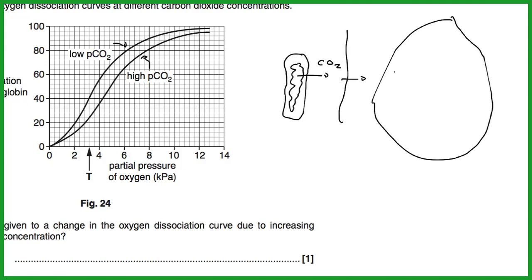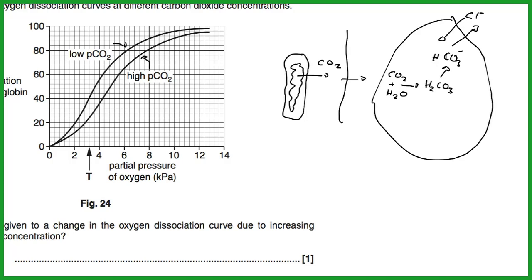Once it's diffused into the red blood cell, it joins with water, and this is catalyzed by carbonic anhydrase to produce carbonic acid. That then dissociates to produce hydrogen carbonate ions, which diffuse out because there's lots of them and there's fewer in the plasma, and that's balanced by the influx of chloride ions, which is known as the chloride shift.